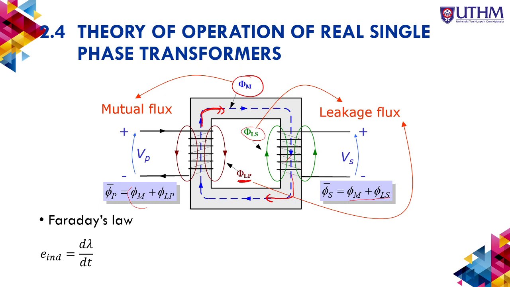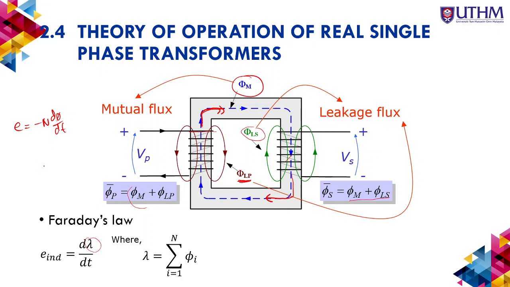So why do they use average? Actually, it's because of Faraday's law. Okay. So we know that this lambda symbol here actually is a summation of the flux for each coil. Okay, previously we saw Faraday's law as only N dθ over dt.